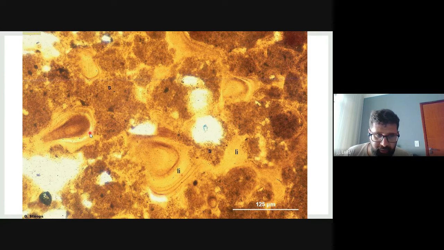And these areas are ancient voids that are filled by clay. So the deposition of clay here was so intense that almost all the void was filled by clay.